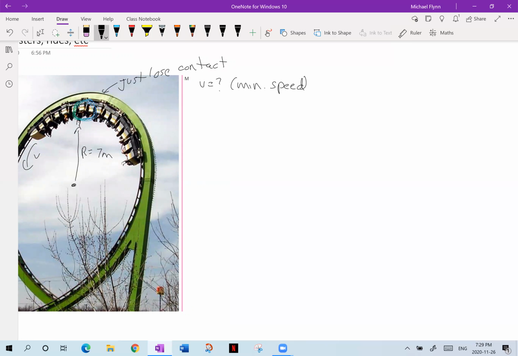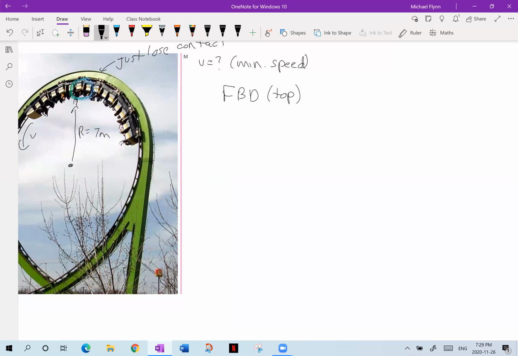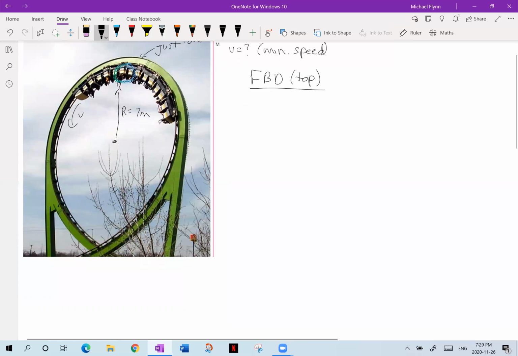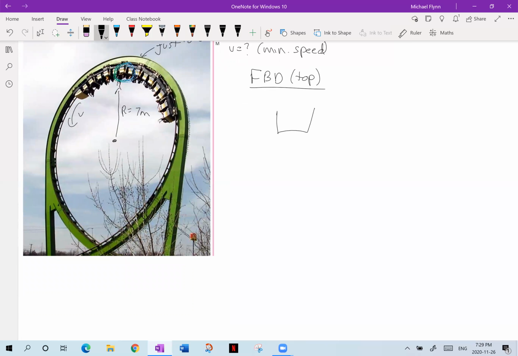A free body diagram at the top of the track. What does it look like? Well, pretty straightforward, really. Here's our cart, or here's the person, let's say. Gravity is down. It's always down. Never put gravity any other direction but down. But there's another force here.